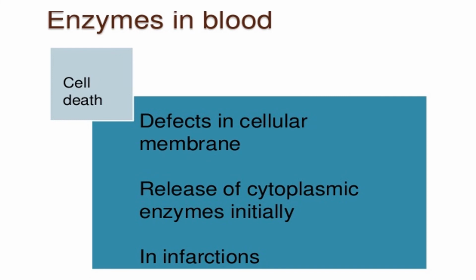enzyme into the plasma, or there is a release of the cytoplasmic enzymes initially, or the third mechanism is infarction. In myocardial infarction, the particular cell or specific area is deprived of its blood supply. They are not getting their oxygen supply. They are not getting their nutrient supply like glucose.